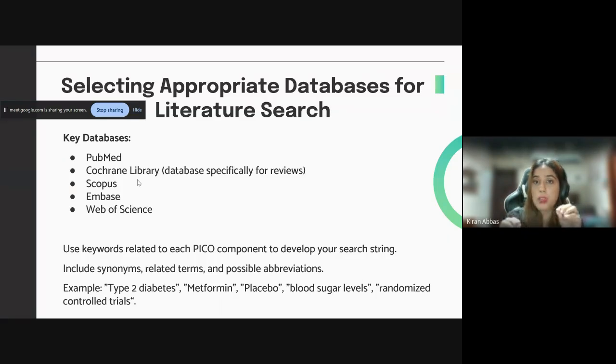And when you're using two different concepts and you want to merge them together, you want to make sure that the database gives you the articles which have both of these concepts, then you're going to use the word AND. So the word AND will narrow down your search results, and when you're using OR, it will help you broaden your search results.